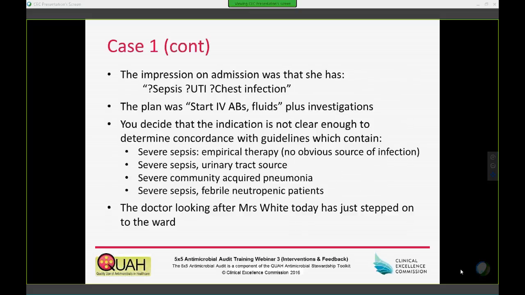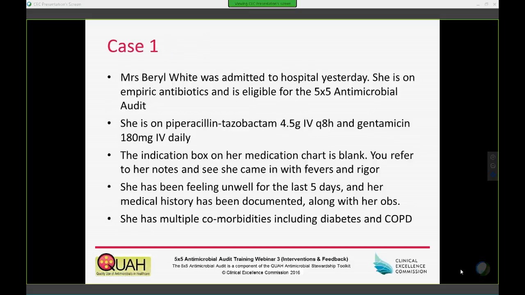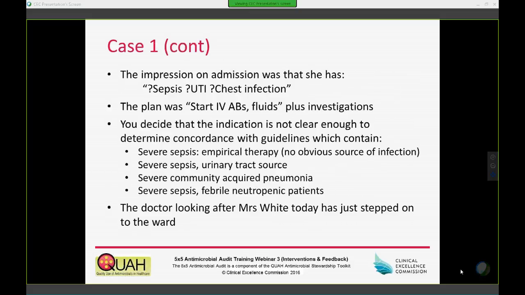When you go to question 1 for the audit and you look for an indication for antimicrobial therapy, you just see that the impression on admission was that the patient has query sepsis or a UTI, urinary tract infection, or a chest infection. And the plan that's documented in the patient's file is to start IV antibiotics and fluids and undertake some investigation.